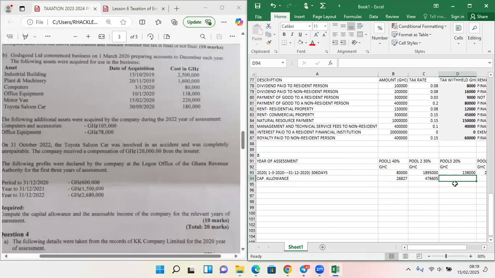So this next one will also be 0.2 times 138,000 times 306 over 365.